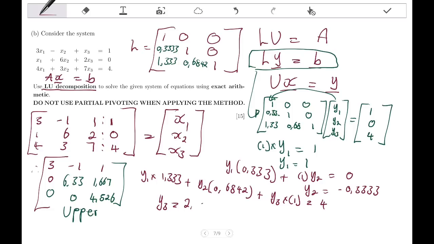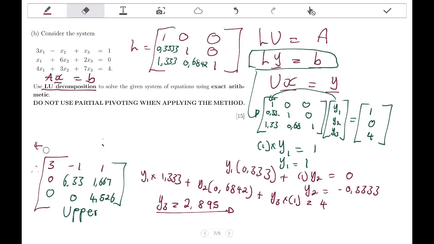That's your y3. And then after getting your y1, y2 up to y3, just write it down, record it down here so that you can calculate x now.